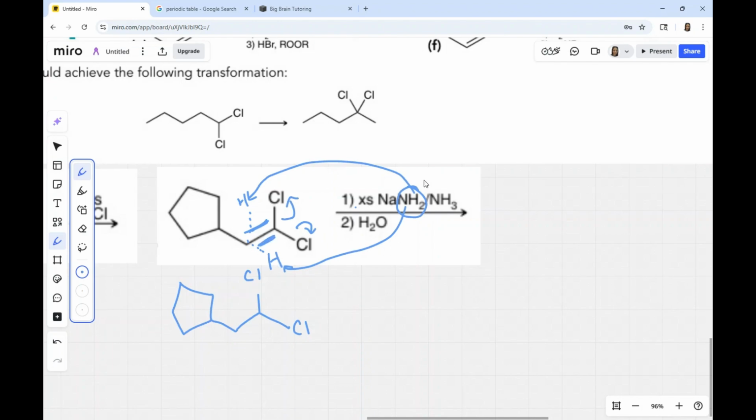And then because this is a base, it will also take this hydrogen, and that's why you have step 2 here to reprotonate the end section. So let's redraw it out now. So it will now look like this.